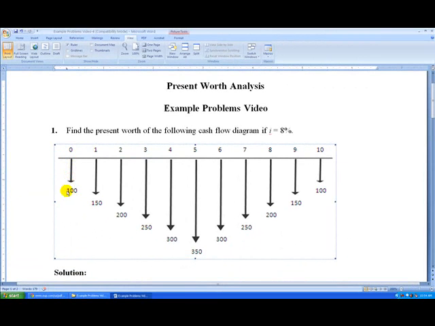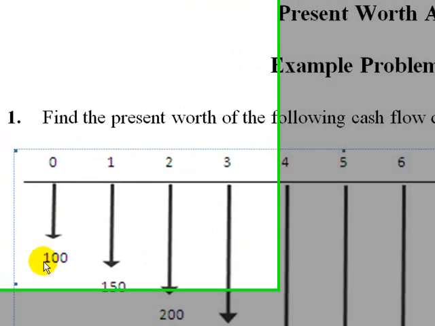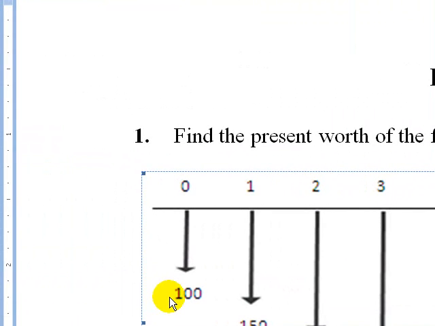The length of the arrow indicates the amount. They are not really very proportional, but the amount will be given below that arrow. So $100 is outgoing cash. That means you paid the money, or you spent the money, right? If the arrow would have been upward with the 100 number, that means you earned $100, maybe in a salary or some kind of income.